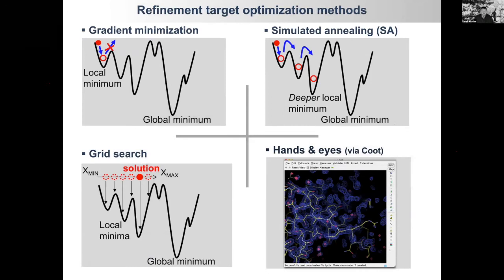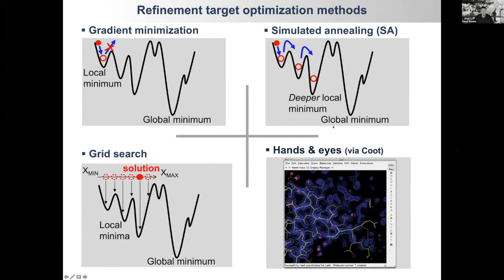So doing refinement, you'll definitely hear of different optimization methods, primarily gradient minimization or simulated annealing, grid searches, and doing things by hand using Coot.